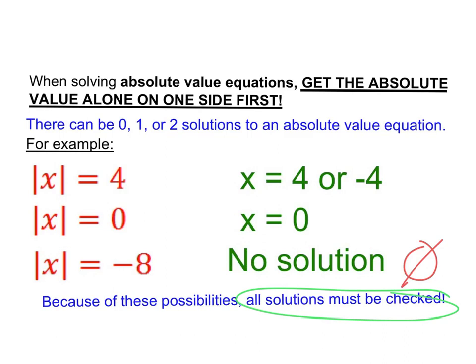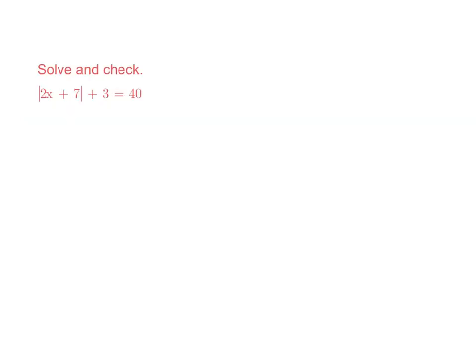All right, let's look at an example. Here's an example. Now, in this one, I was kind enough to put solve and check. What do I have to do first?